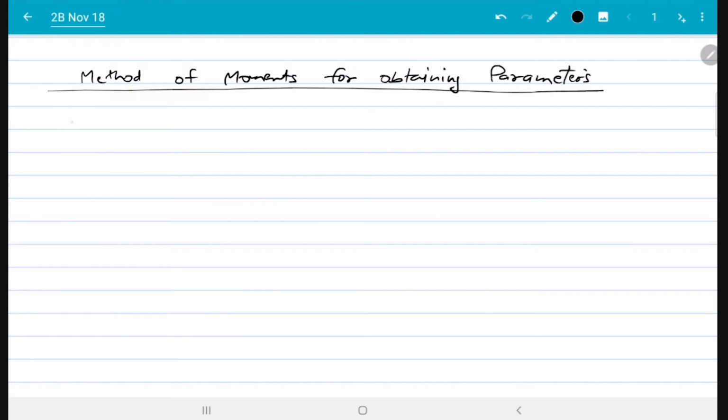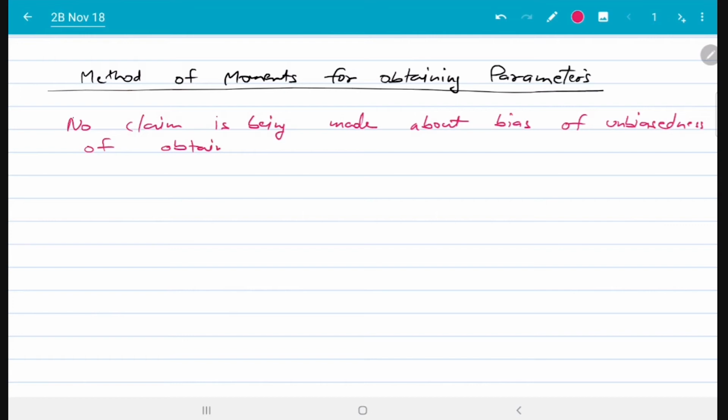Now, claim up front, or rather telling that no claim is being made about bias or unbiasedness of the obtained estimators.